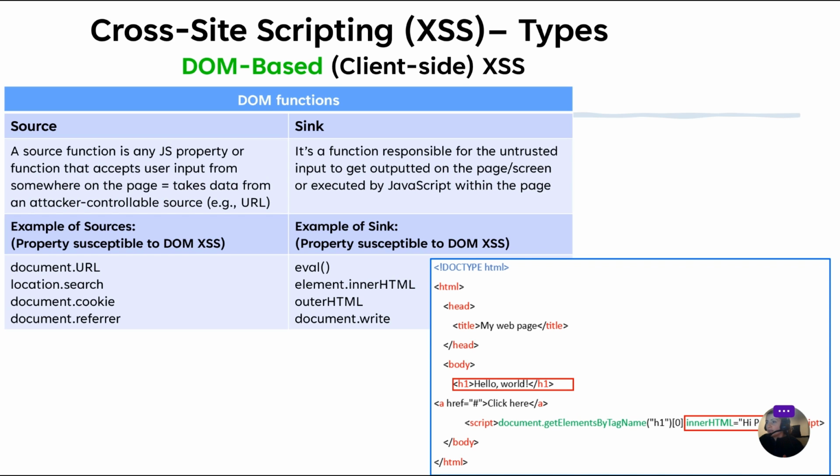There is hello world here within the H1 tags, but the output will be hi people, not hello world, because of the innerHTML sink function from here, and that's why we can see hi people.